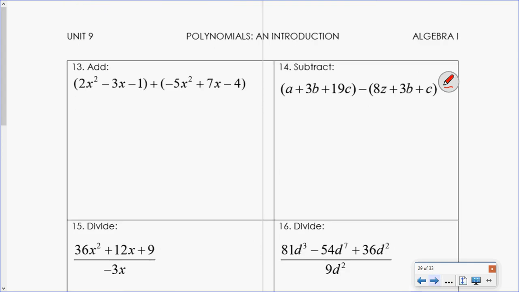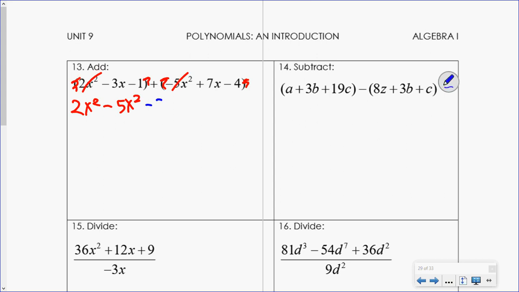13, we're going to add these like terms. So parentheses are just going to fall away because there's no negatives out front. So I have 2x squared minus 5x squared. So there's my first two like terms.